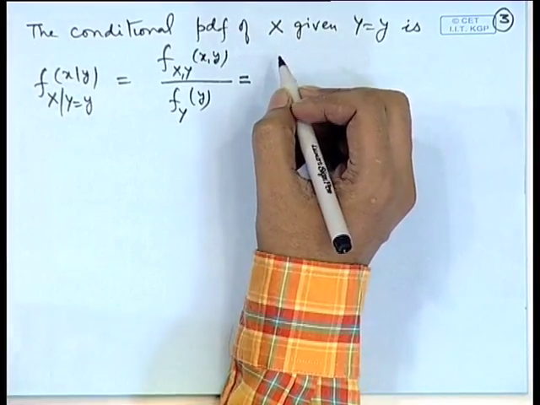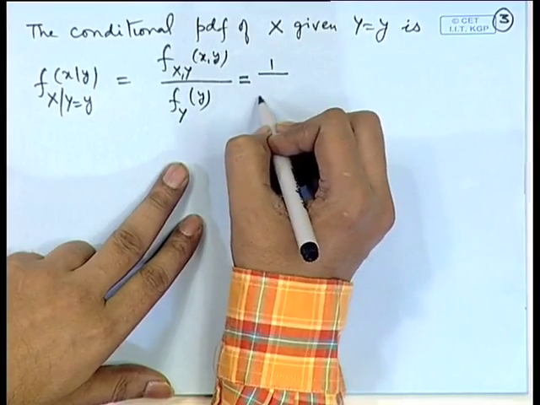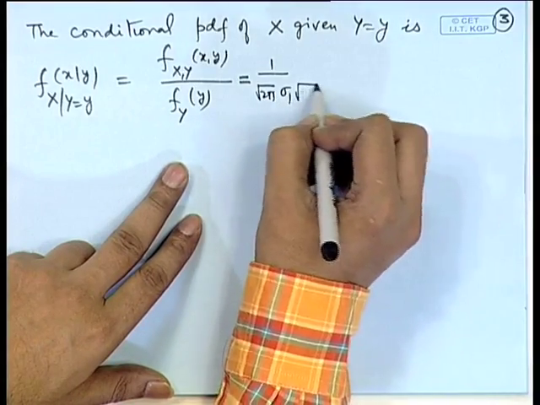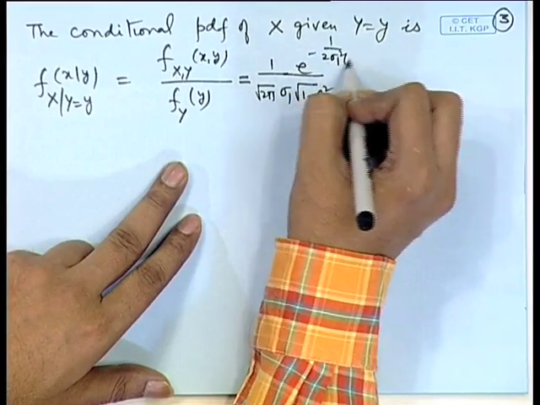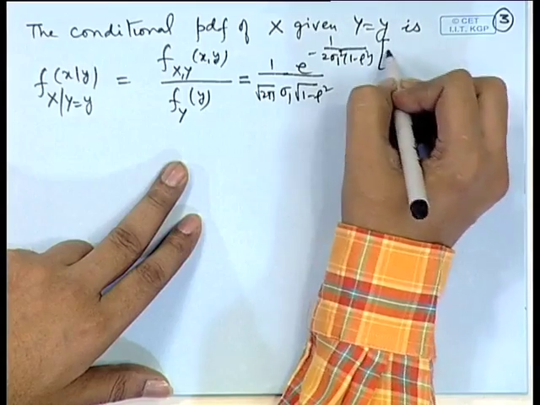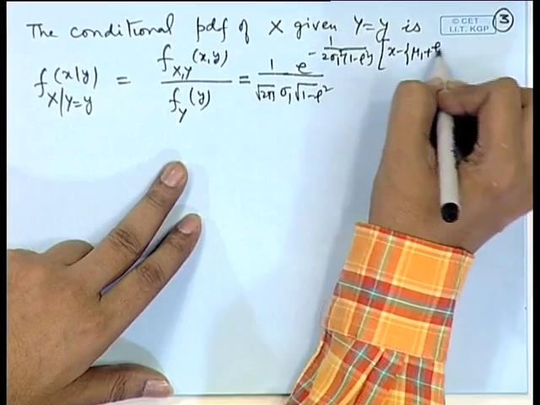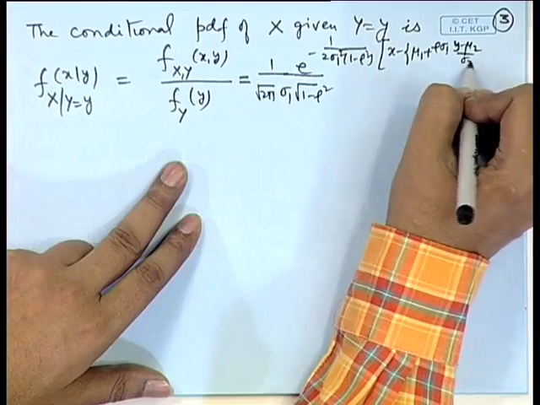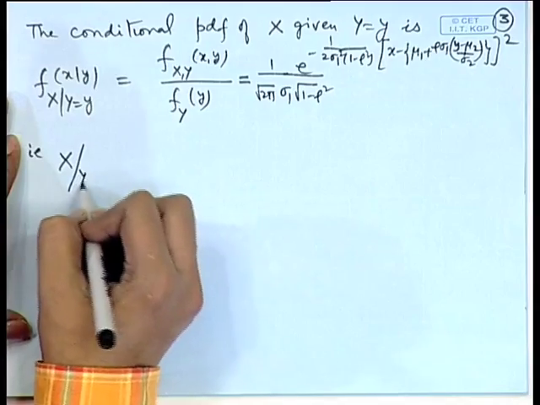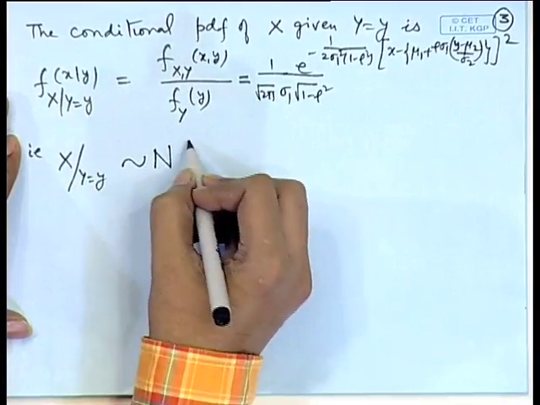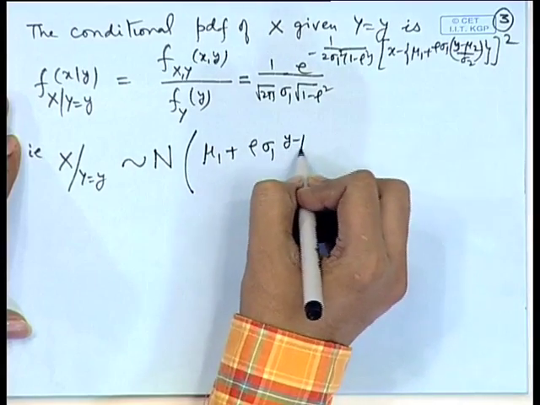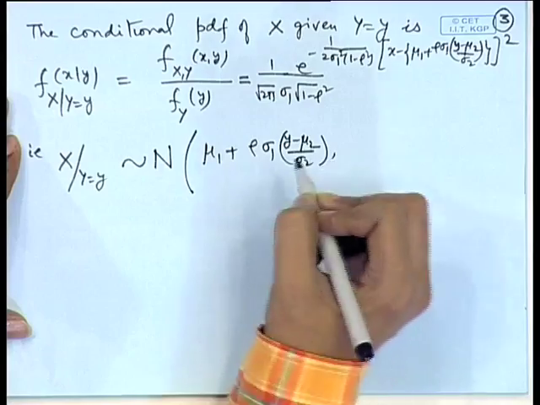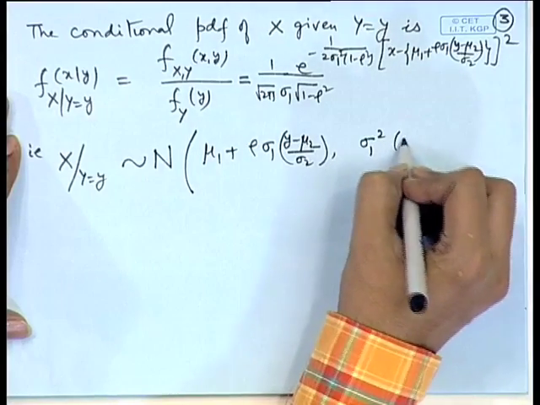After simplification it is equal to 1 by root 2 pi sigma 1 root 1 minus rho square e to the power minus 1 by 2 sigma 1 square (1 minus rho square) (x minus mu 1 plus rho sigma 1 (y minus mu 2) by sigma 2) whole square. That is, we can say that x given y equal to y follows normal with mean mu 1 plus rho sigma 1 (y minus mu 2) by sigma 2 and variance sigma 1 square into (1 minus rho square).